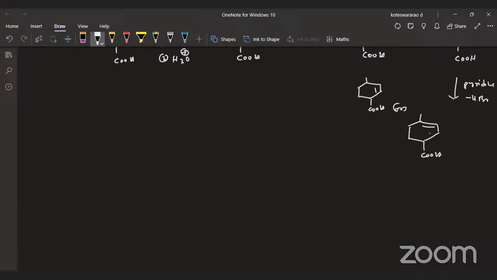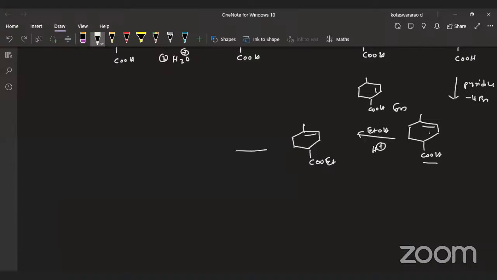Then it is treated with boiling or refluxing in ethanol with concentrated acid. That leads to the esterification of this carboxylic acid. The COOEt is generated.